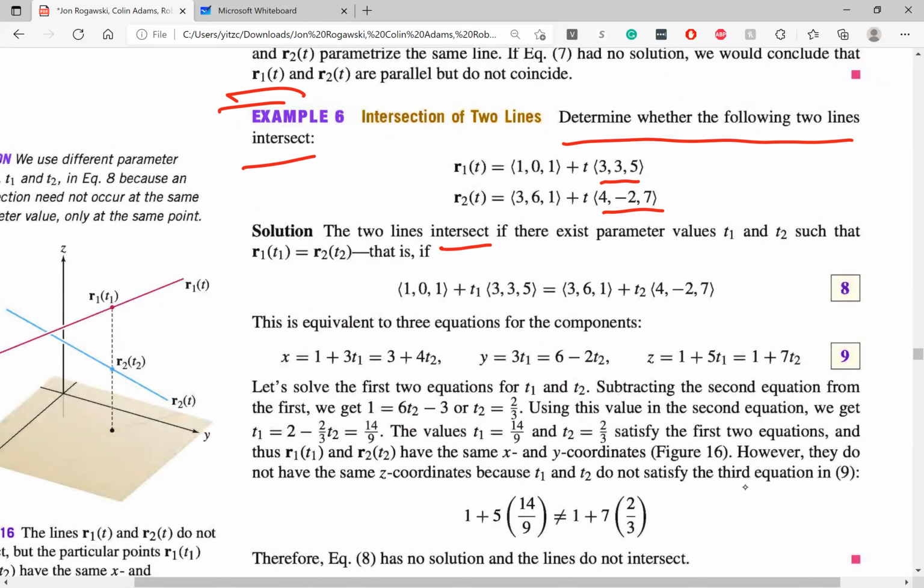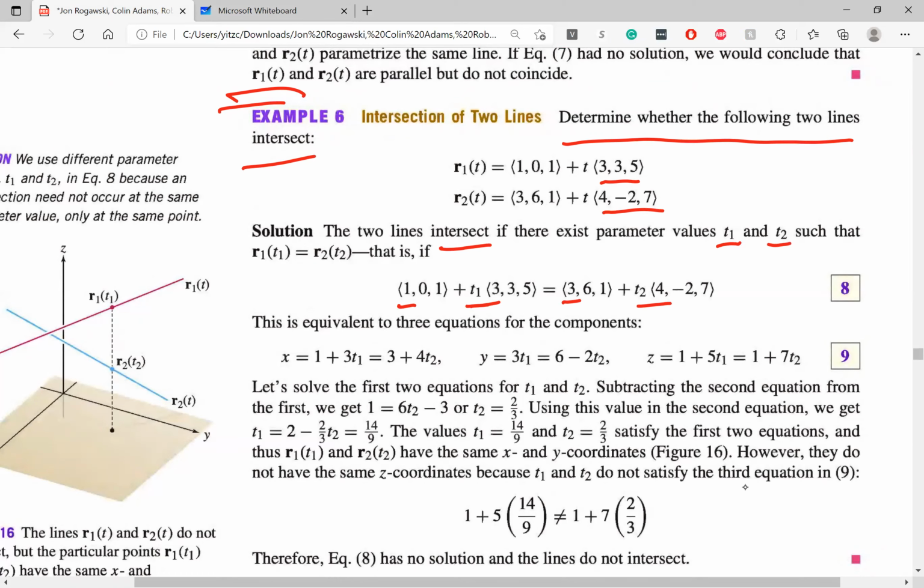If the two lines intersect, then there are going to be two values, T1 and T2, different values for the different lines, which will set each component equal. So you're going to get that 1 plus 3T1 is equal to 3 plus 4T2.